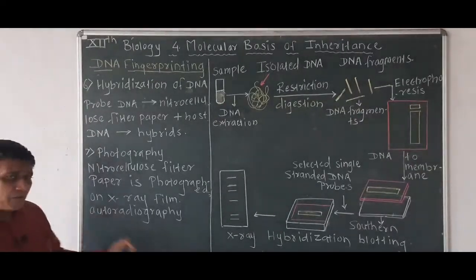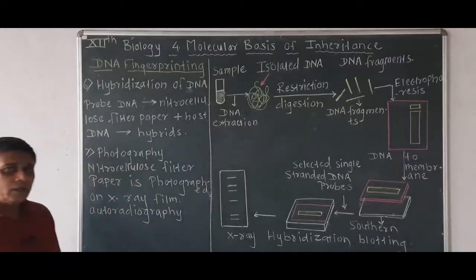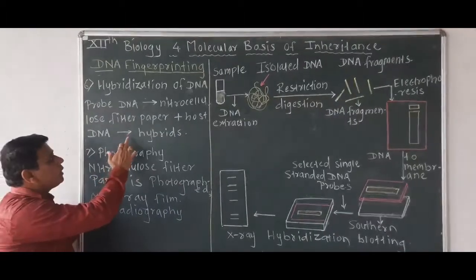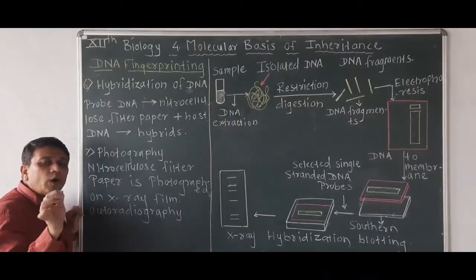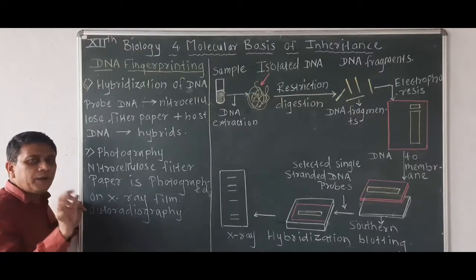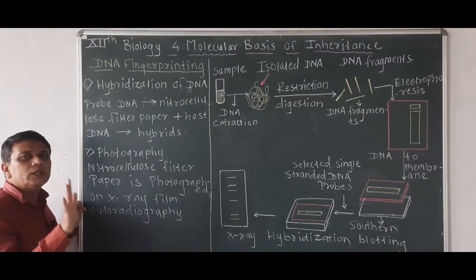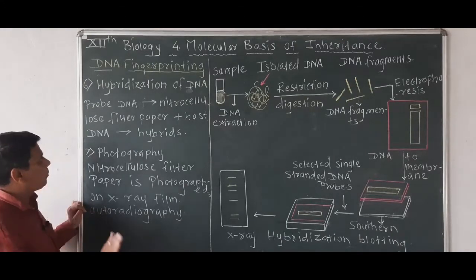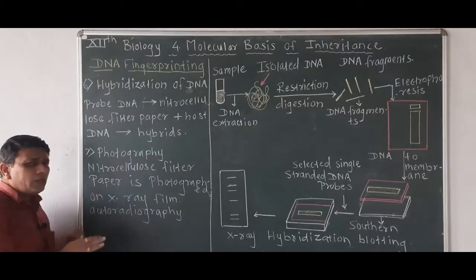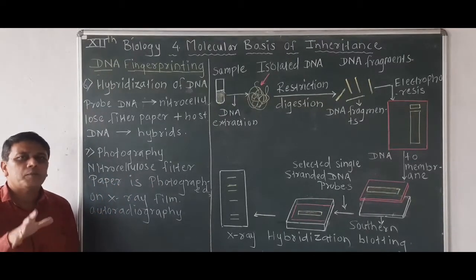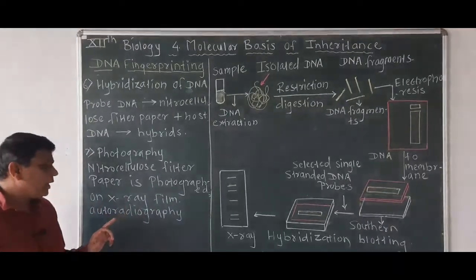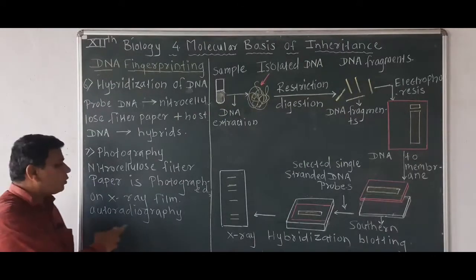Then after hybridization, the step carried out is photography. After the hybridization, the unwanted DNA fragments are removed and only the desired hybrid DNA is kept on the nitrocellulose filter paper. So the nitrocellulose filter paper is photographed with the help of X-ray film, and this technique is called autoradiography.